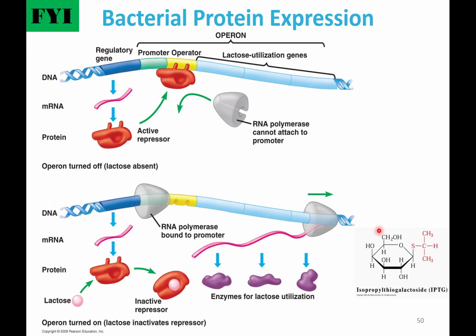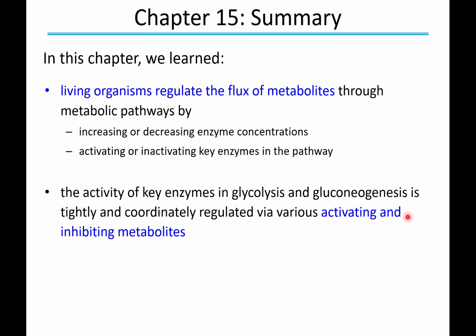And then you can start producing many copies of a gene that you're interested in. So that's something that has been used in laboratory settings for a very long time to have bacteria make proteins of interest.